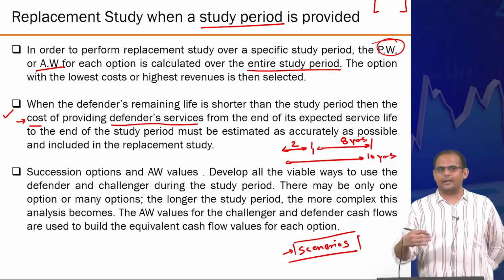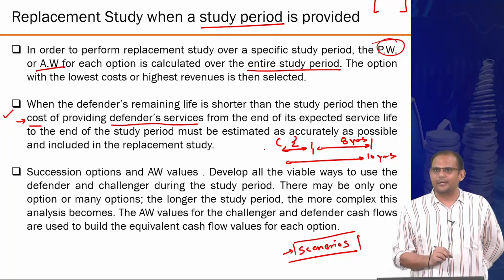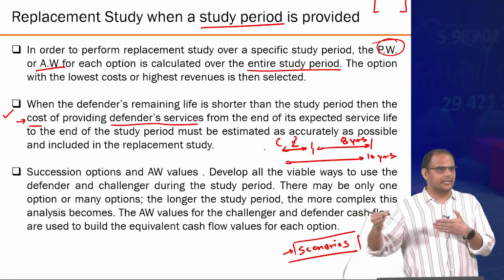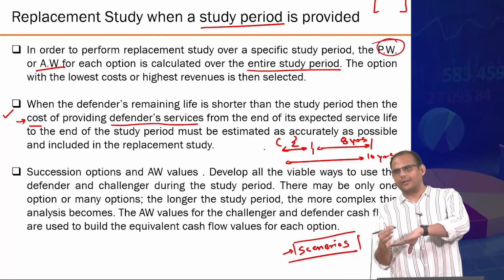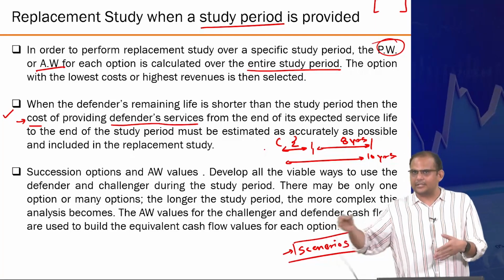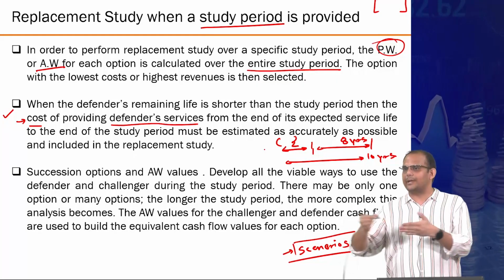You cannot make a decision purely on looking at the Defender's cost number, but you also have to include what will happen for the remaining 8 years when the Defender is not there. Or if you retire the Defender now, what will happen to the remaining 10 years? Or if you retire the Defender 1 year from now, what will happen to the remaining 9 years?